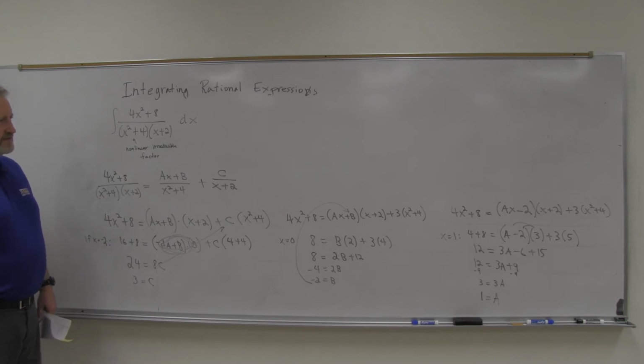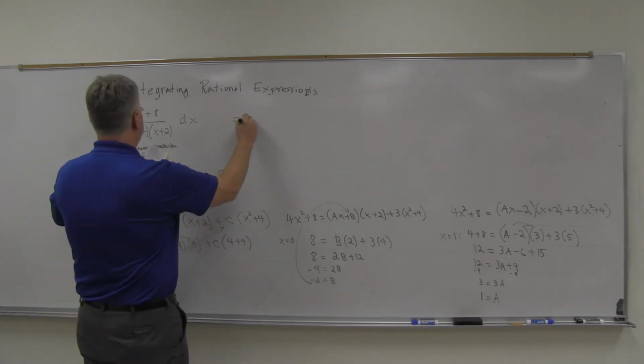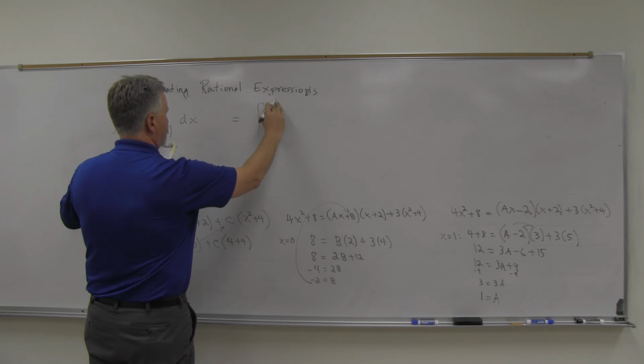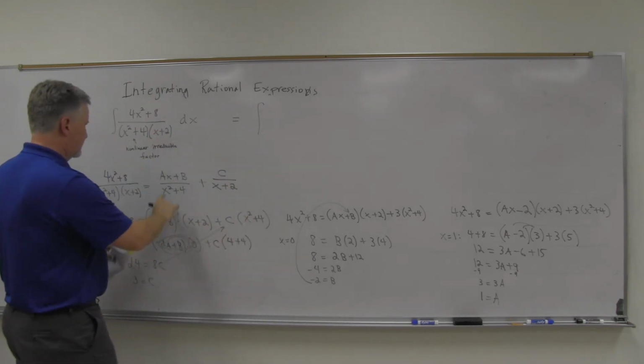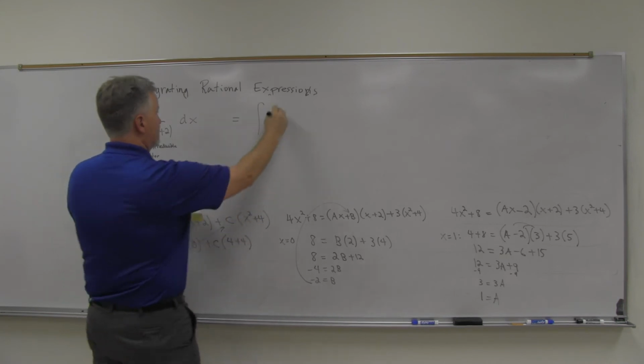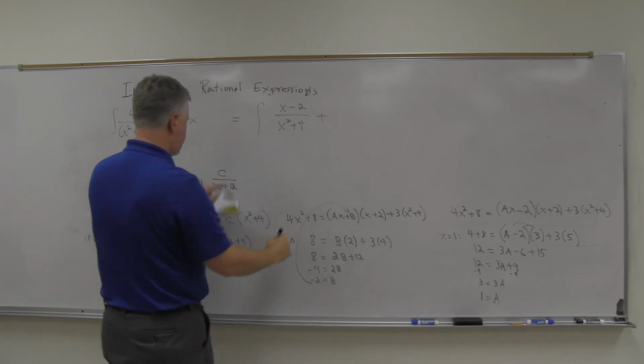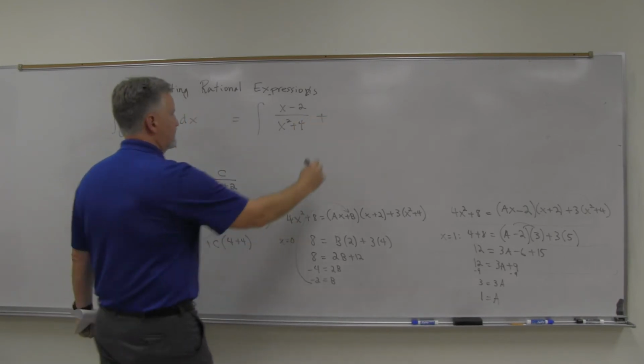So let's see what that gets us into. All right, so here we've got the integral now of 4x squared plus 8 equals ax plus b, so it'd be x minus 2 over x squared plus 4, plus c over x plus 2, so it's 3 over x plus 2.